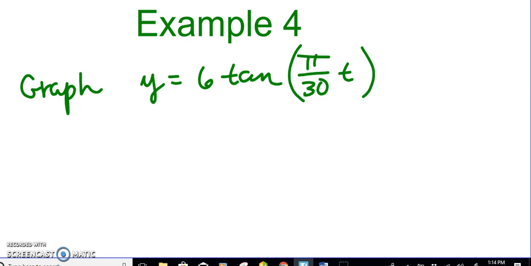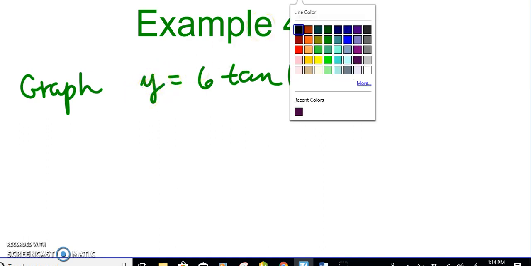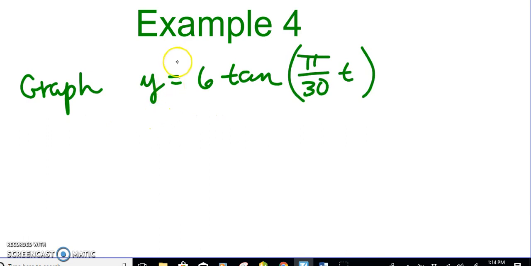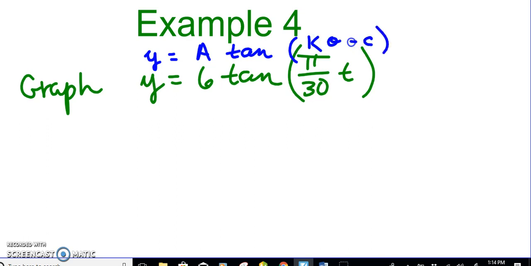So we're going to, first off, again, deal with our amplitude and all that good stuff. Just like before, this is the same thing: k theta minus c plus h. Now with this, amplitude is 6, but the 6 will only come into play if we have to substitute a value for t and then work out the problem.